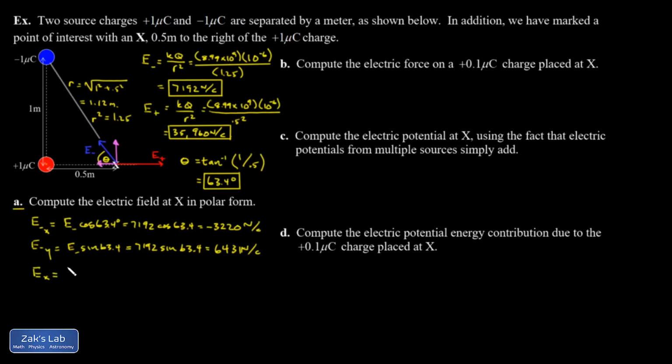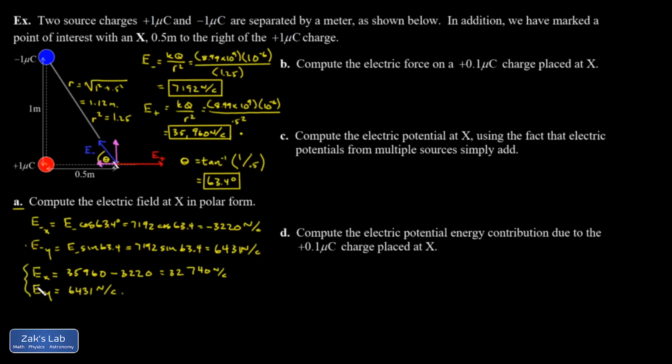That was a rightward pointing contribution from that positive charge, 35,960 newtons per coulomb, minus the 3,220 leftward component of the second contribution from the negative charge. So my total X component is 32,740 newtons per coulomb. My total Y, well, I only have one contributor to that, it's that piece of E minus, is 6,431 newtons per coulomb.